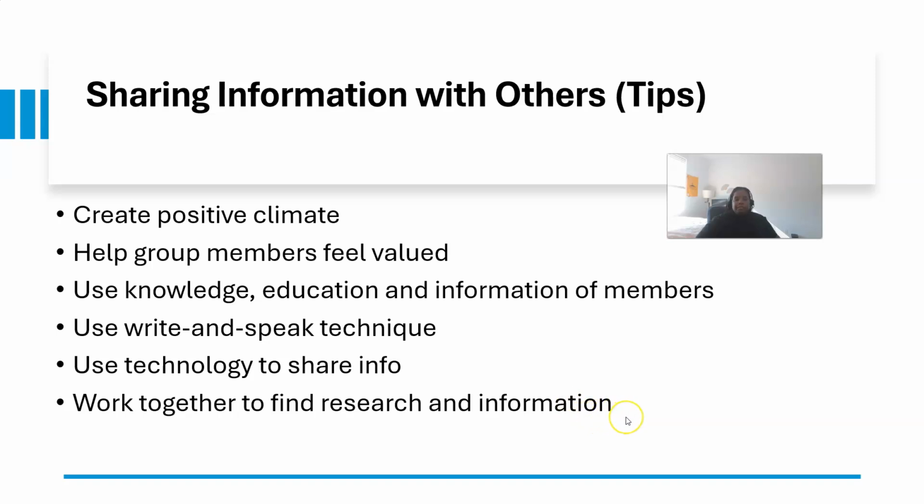And then, of course, work together to find research information. I have clear guidelines in each project to say, okay, here are the minimum amount of sources. But you can also use more resources as well. The advantage of writing a paper and collaborating on a paper is that you can say, okay, one person finds two sources, the other person finds two sources, and the other person finds two sources.